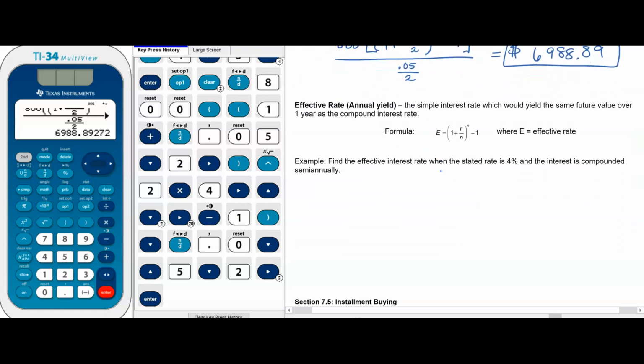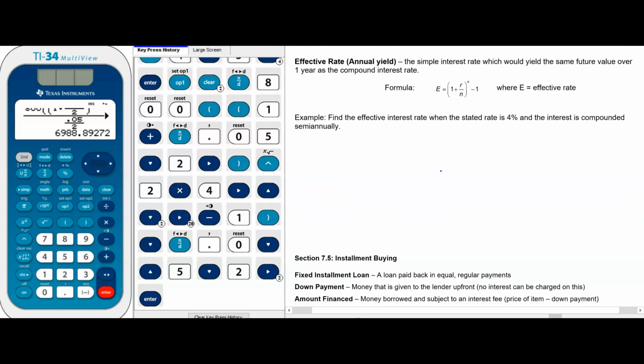Okay, so let's jump down to, we're going to talk about effective rate. So effective rate, or sometimes it's called annual yield, is the simple interest rate that would yield the same future value over 1 year as the compounded interest rate. The reason why this is nice is because, say for instance, you put money into an account for a year, and let's say the account is compounded interest, and let's say the rate is 4%.